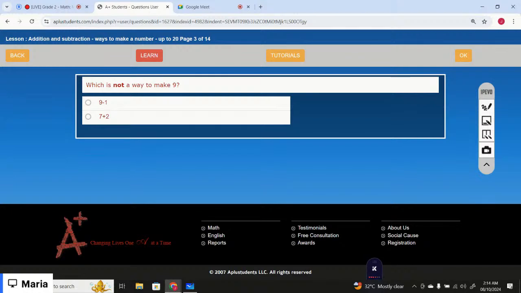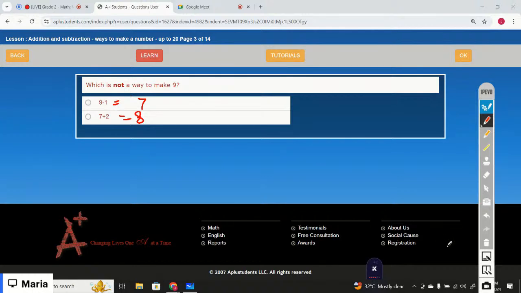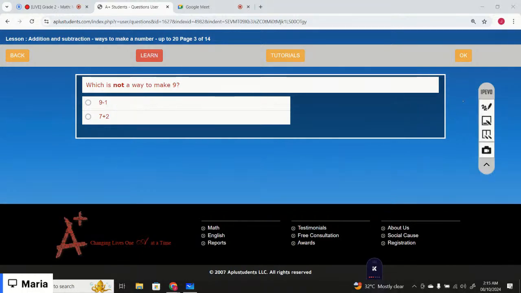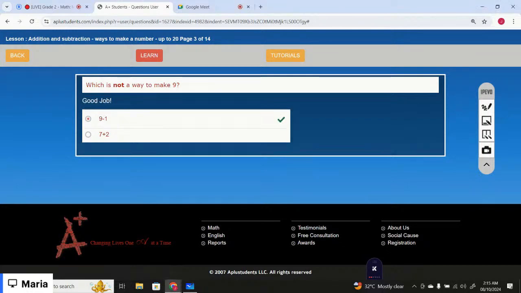You are given two options, right? Just solve and check which one is not a way to make 9. Just subtract, right? 9 take away 1 is 8 and 7 plus 2 is 9. Very good. That is option number 1. Option number 1 is the one that doesn't make 9, right? So the correct option is 9 take away 1.